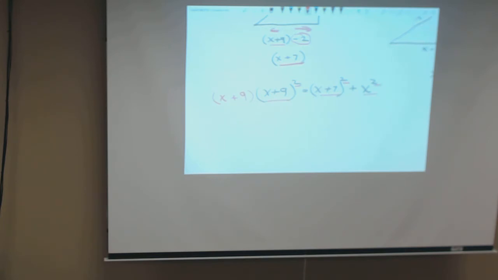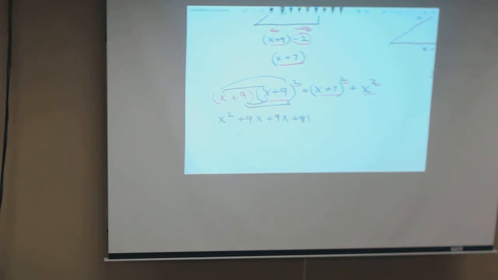If you don't, go to the internet and say, how do you FOIL this thing? And you do the first times the first, x squared. And then you do the outside, plus 9x, inside, plus 9x, last times the last, plus 81.